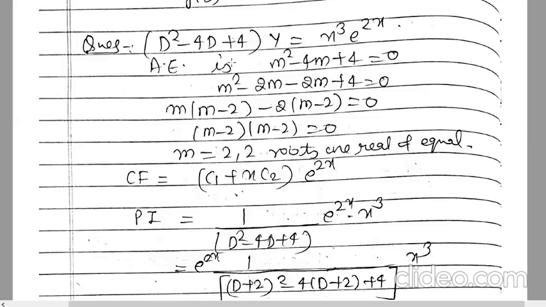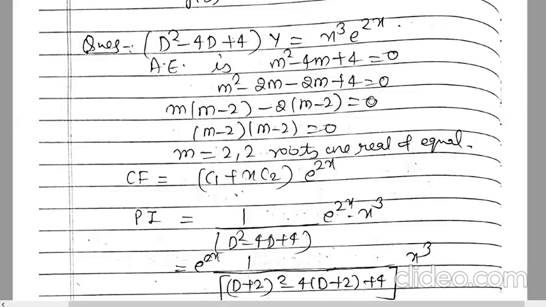You put D equal to m. Here m minus 2 is common, so m minus 2 is equal to 0. That means the roots are real and the same.